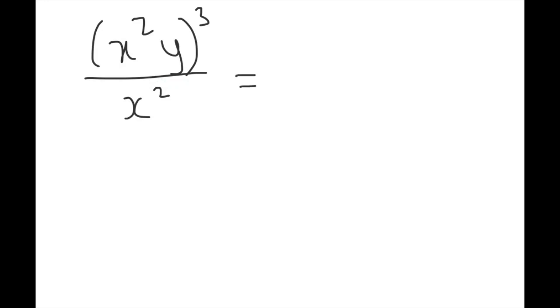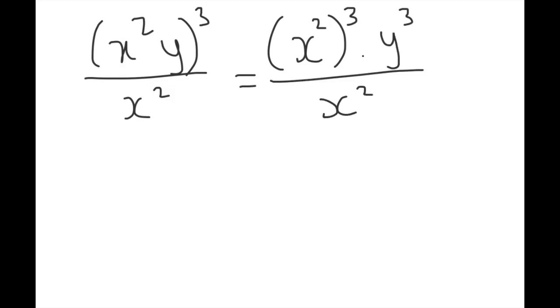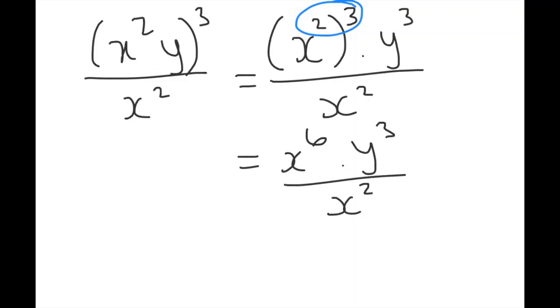So we're going to do the x squared times y. We're going to break this up: x squared to the power 3, and then y to the power 3, all of that divided by x squared. I'm just using the laws, and it's much easier for you if you keep your laws handy. For this part, you just multiply the 2 and the 3, which is x^6 times y^3, all of that divided by x squared.